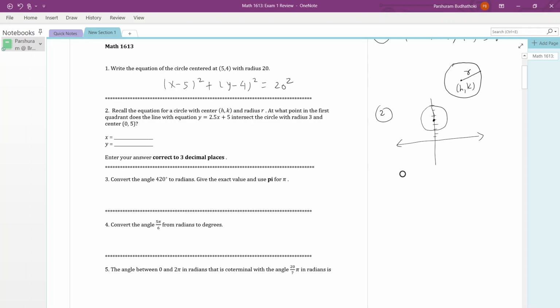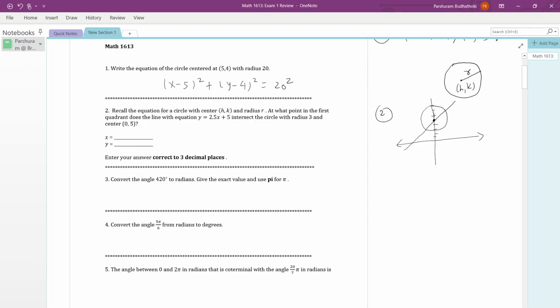There is a line y equals 2.5x plus 5. So let's say this is the line. We need to find out where this line intersects with this circle in the first quadrant.